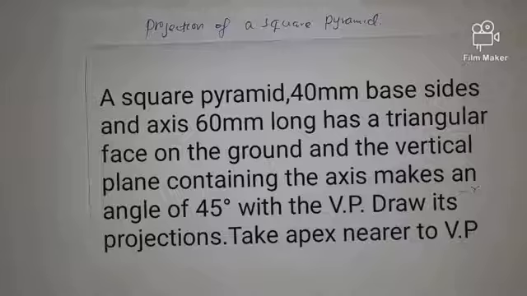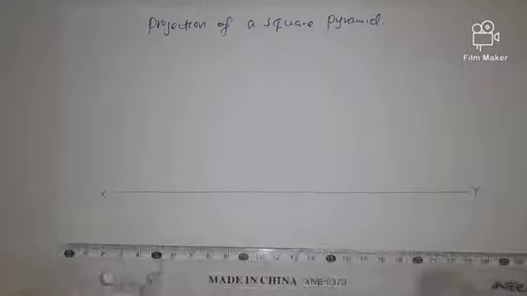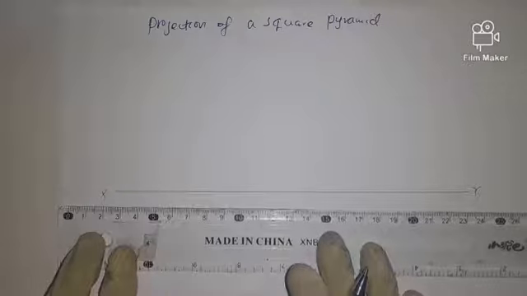So what we're going to do first is to draw our plan, and our top view here will be a square of side 40 millimeter. So we are assuming this is our XY plane. Somewhere below it we can draw a plan of side 40 millimeter.